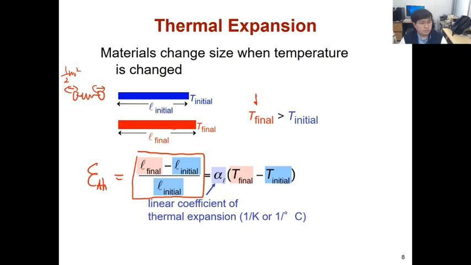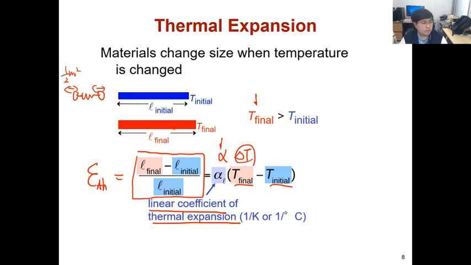And this thermal strain is simply linearly proportional to the temperature change. The temperature change can be expressed as T final minus T initial, and alpha is a simple linear coefficient, the linear coefficient of thermal expansion. Some materials show a non-linear coefficient of thermal expansion.